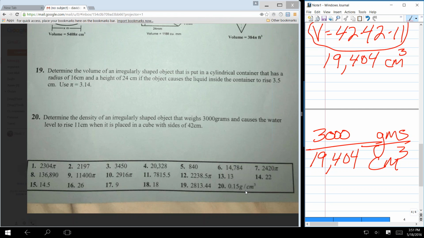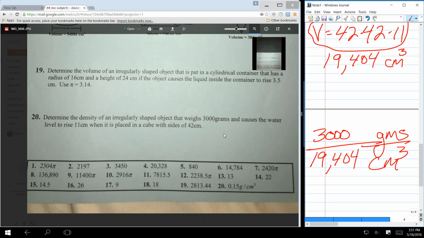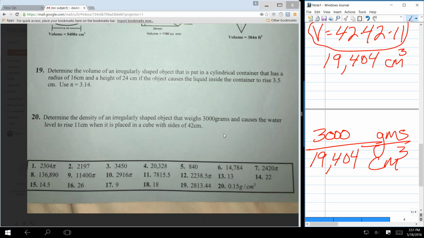So the only real question on how to do 20 is whether your answer is going to be cubic centimeters per gram or grams per cubic centimeter. And if you think about density, you want weight per volume. That's what determines density.